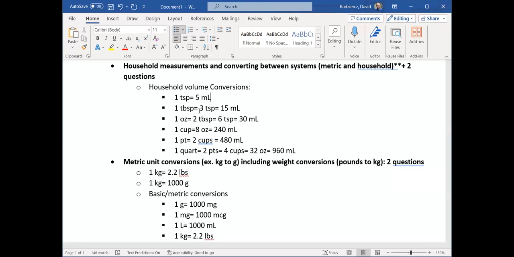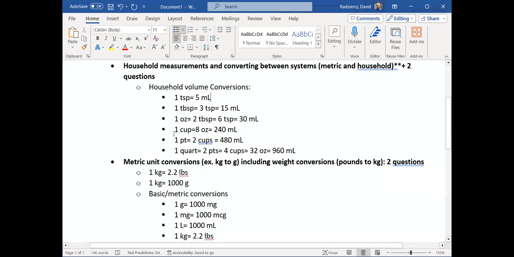An ounce is the same thing as 2 tablespoons, or 6 teaspoons, or 30 milliliters. When you look at your measuring cup, you can usually see that it converts ounces and milliliters. They're not always exact, and there sometimes is some discrepancy, but the numbers I'm showing you are consistent.